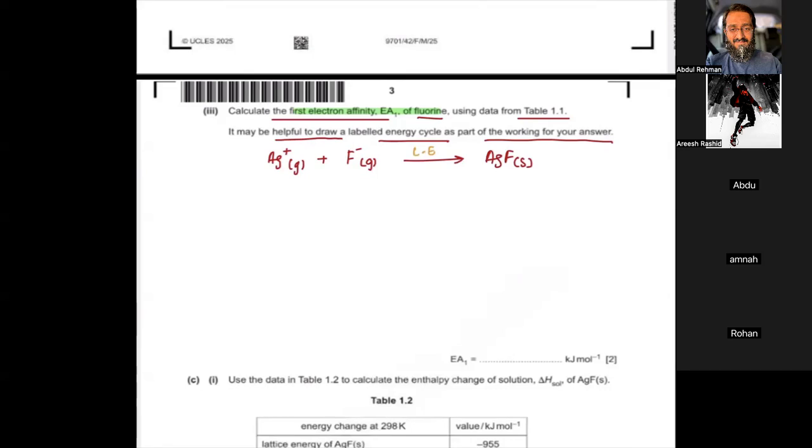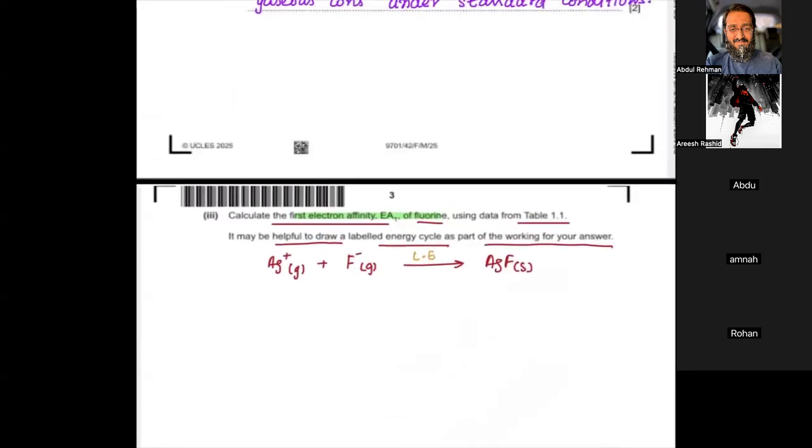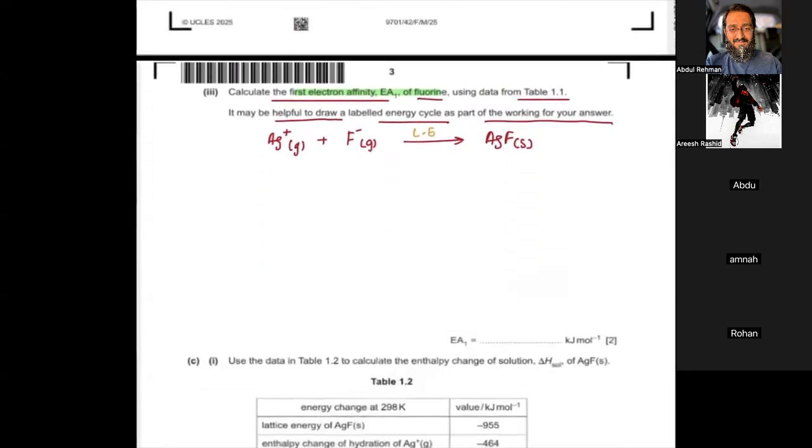Now, as they are asking to calculate the electron affinity, I'm going to take the elements over here, and we need 1 mole of silver and half a mole of fluorine gas. When silver as an element and fluorine as an element react to form silver fluoride, the enthalpy change of this is considered the enthalpy change of formation, right?